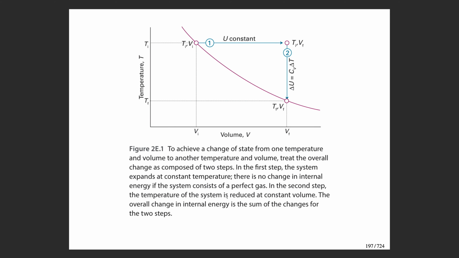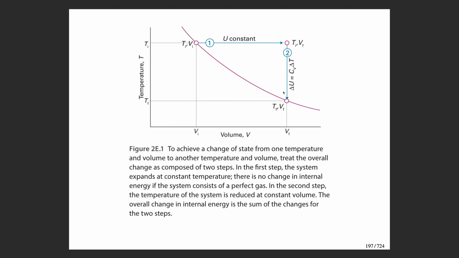Oh, here's just a conceptual slide. It's meant to show that you can think of the adiabatic process as a two-step process. One where the internal energy is held fixed at constant temperature, followed by a cooling of the gas, and you can achieve the same result as the adiabatic gas expansion.